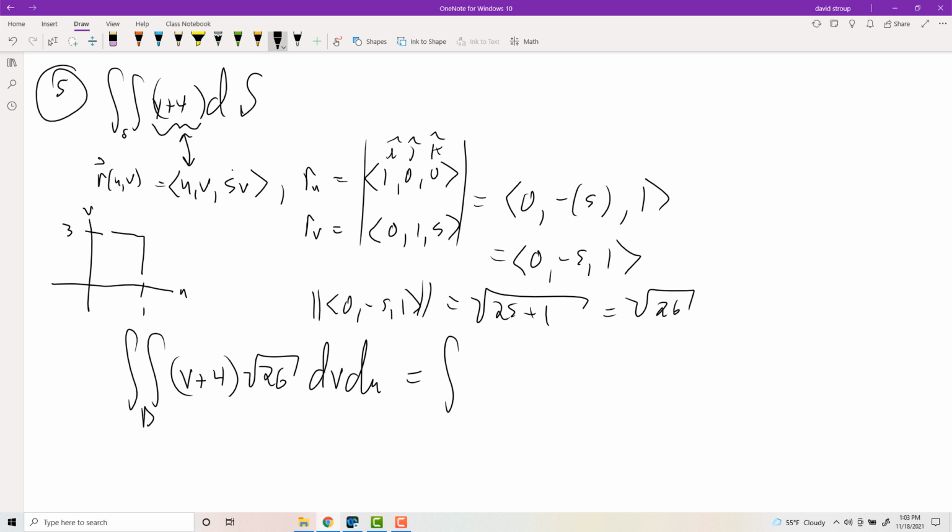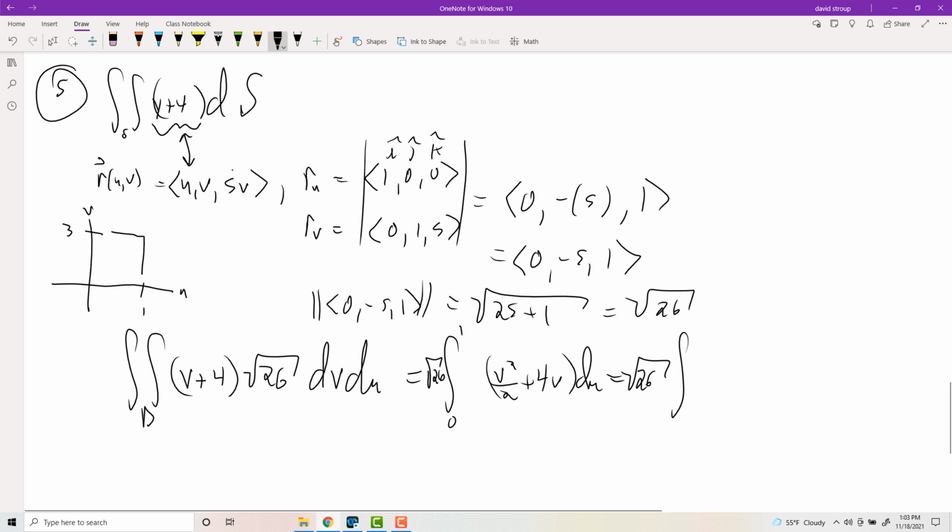So we'll do dv first, and the limits on the inner integral are 0 to 3, and then the outer one 0 to 1. So I can factor out the square root of 26, and I'll have (v²/2 + 4v) du. I integrated that already. I just have to evaluate on 0 to 3.